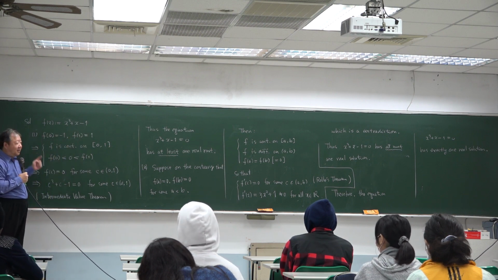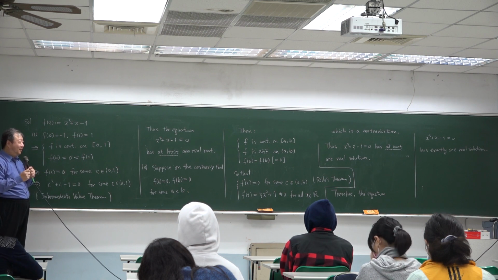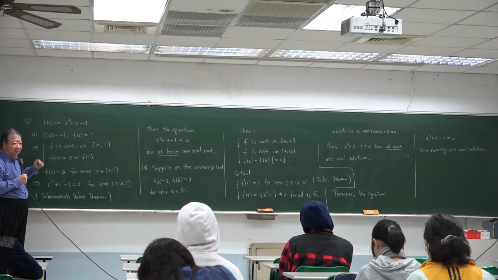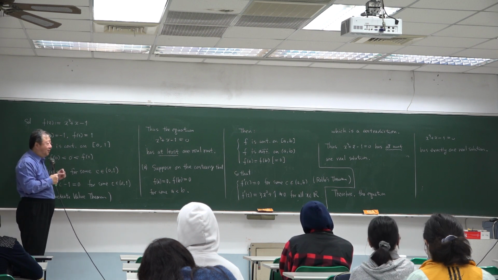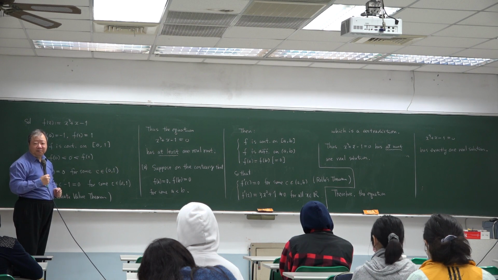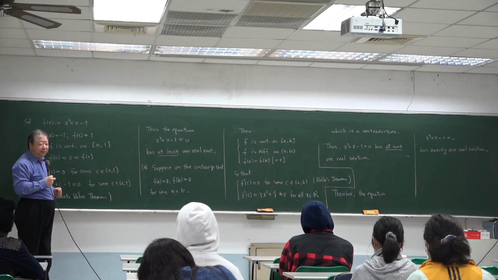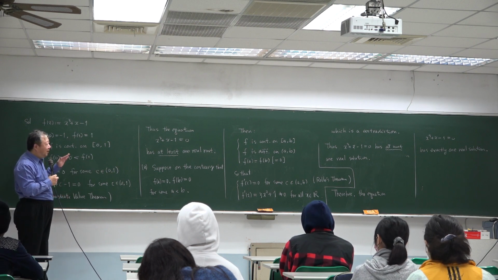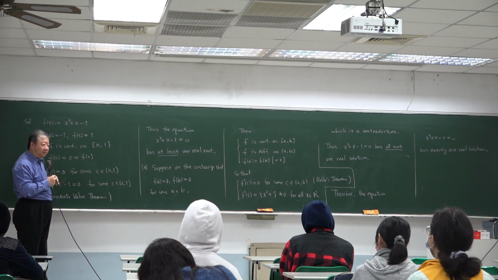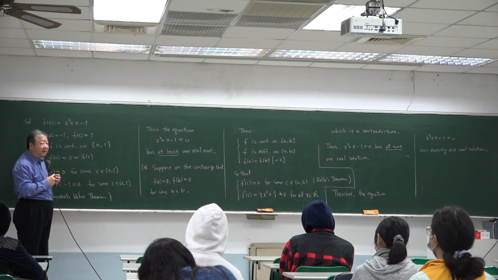So this example has been designed under some consideration of the author of this textbook. So sometimes you can find examples that are not too hard, but sometimes not so easy.